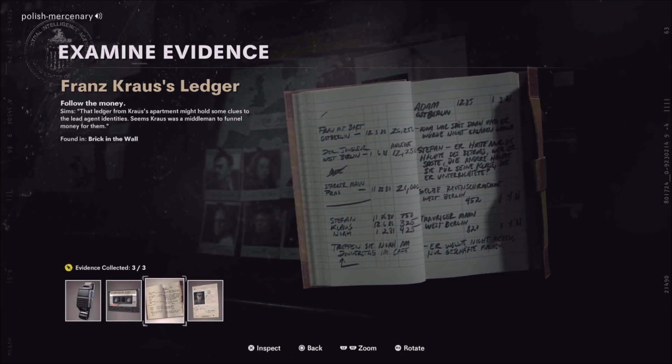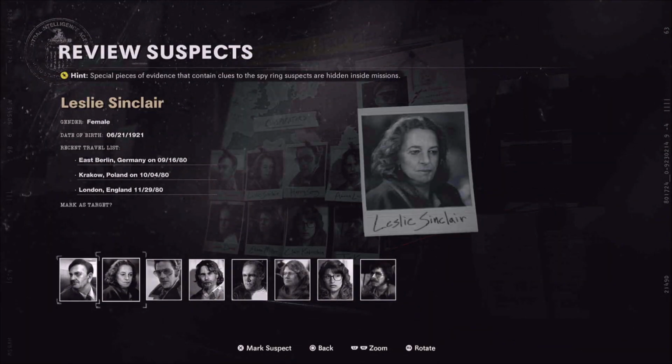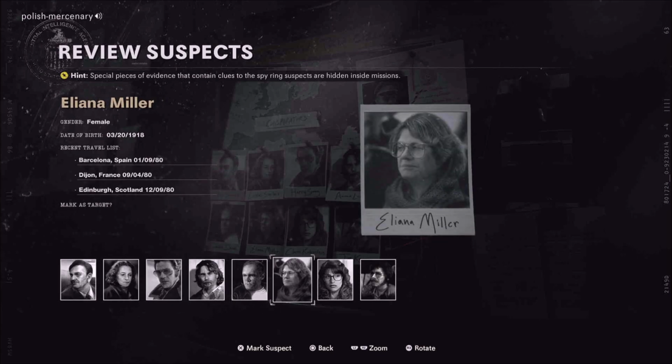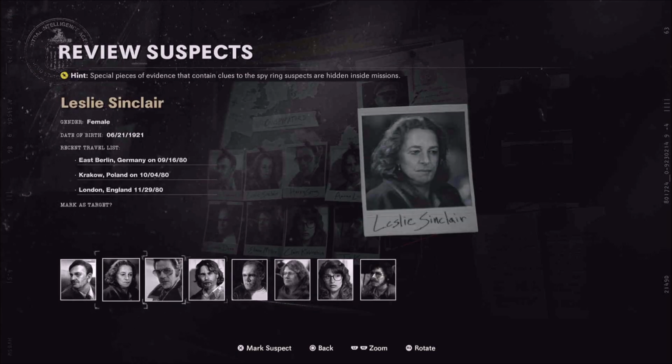Okay, so now let's look at our suspects. Okay, so this one's very similar. Leslie Sinclair. Let's look at the other ones. Nope, none of the locations for Elina Miller. Claire Koberstein. She was in Krakow, Poland on October 4th, 1980, but she wasn't in East Berlin.